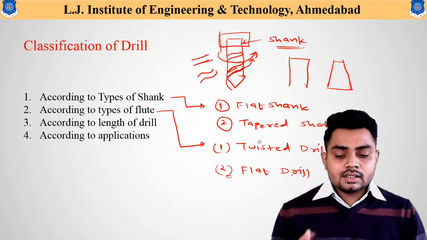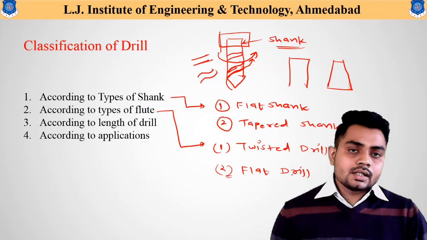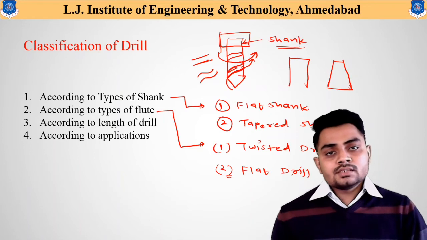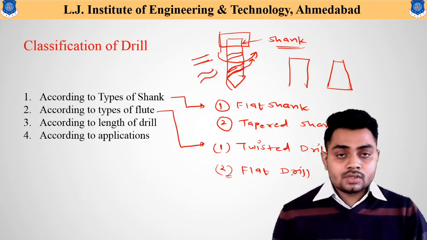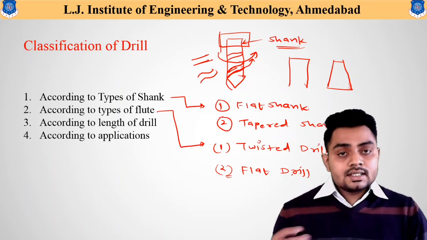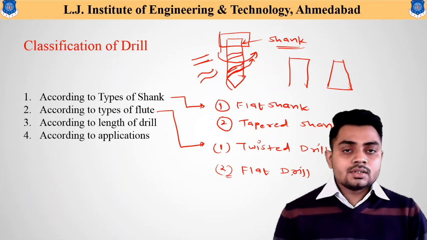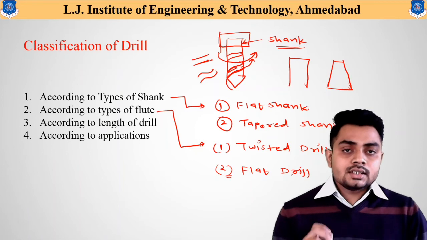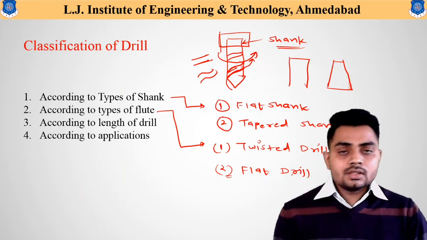Now the next one is according to the application. These drill bits are specifically applied to different types of arrangements. That means if it is used for a center hole, then that specific drill bit is applied to that specific application. So based on where these drill bits are useful, they can also be divided.